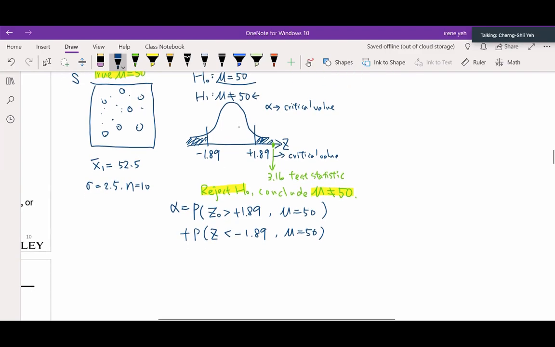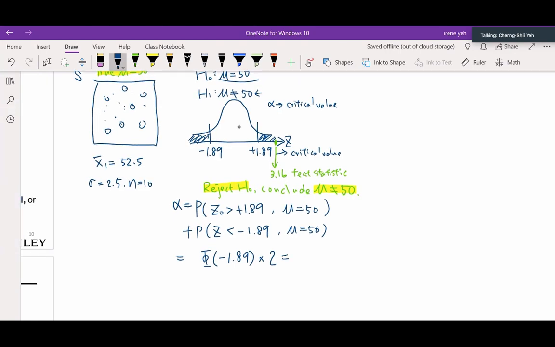Okay, so I am going to calculate this probability from negative infinity to minus 1.89, and multiply that by 2, because in a standard normal distribution, the two areas are identical. Once I derive one cumulative probability, multiplying by 2 will give me the probability of making a type 1 error.